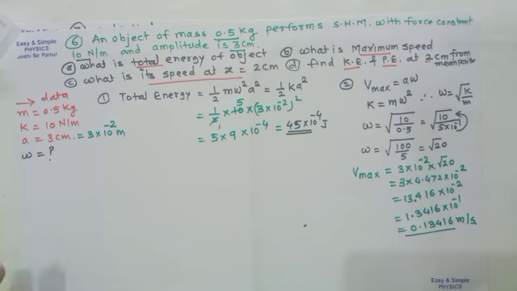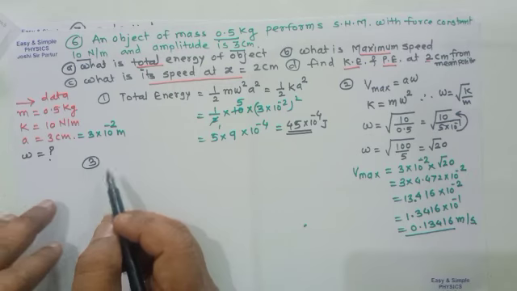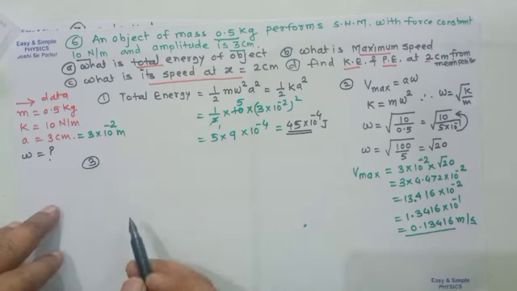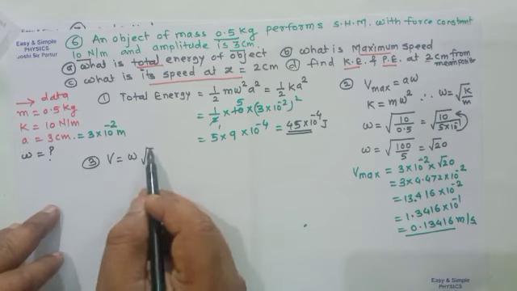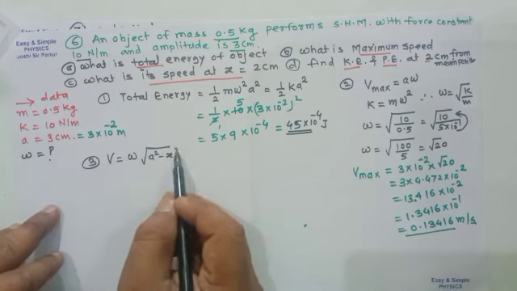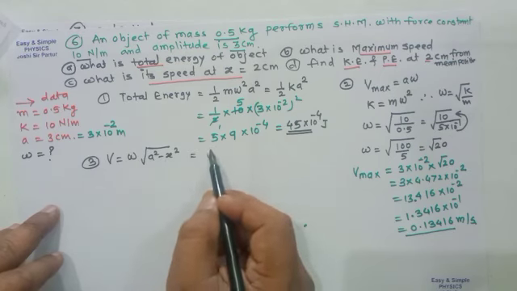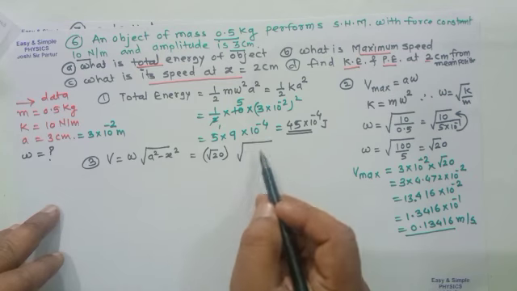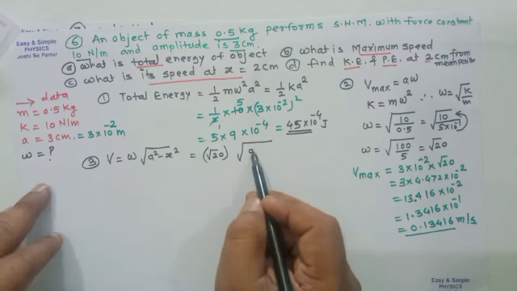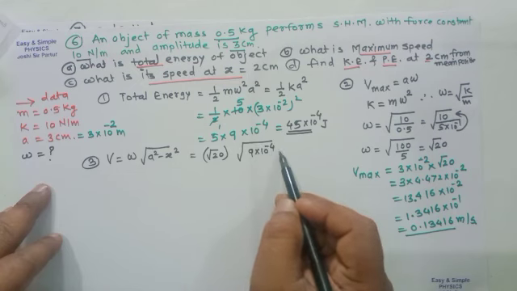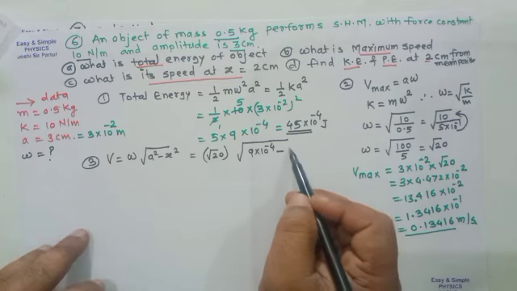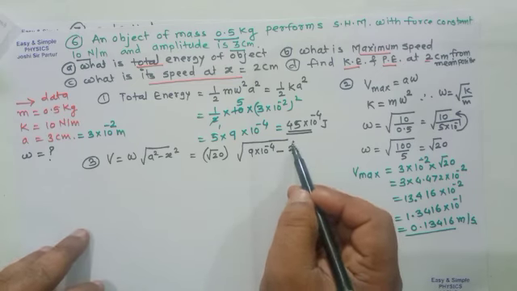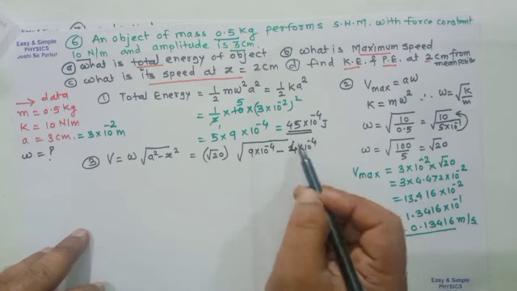But the third question will be, what is the speed at x equal to 2 centimeter? So speed is equal to omega times square root of a square minus x square, which is square root of 20 multiplied by square root of a square, which is 9 into 10 raised to minus 4, minus x, that is 2 square, or 4 into 10 raised to minus 4.